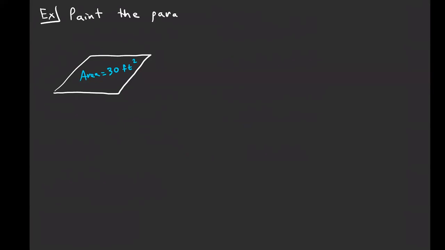Well, if we're going to paint this, we should know how much it costs to paint it. And what we know is that if we go down to a local hardware store or something like that, paint costs $3 per square foot. And so now we want to find the cost that it takes to paint this.